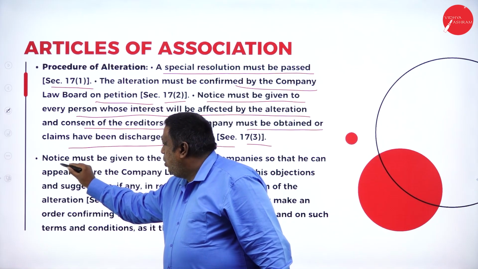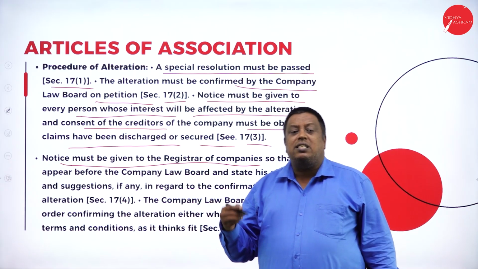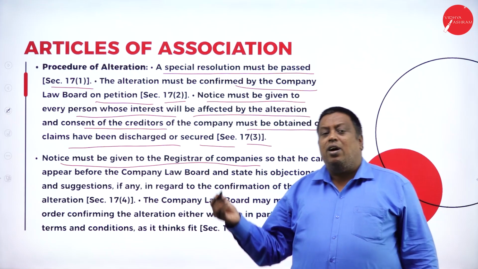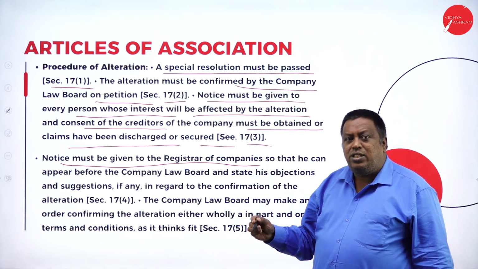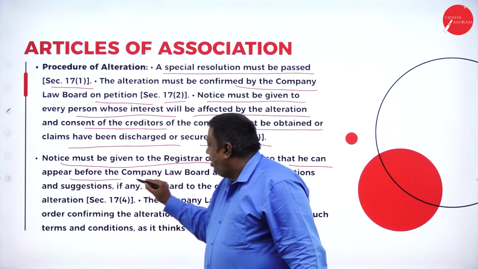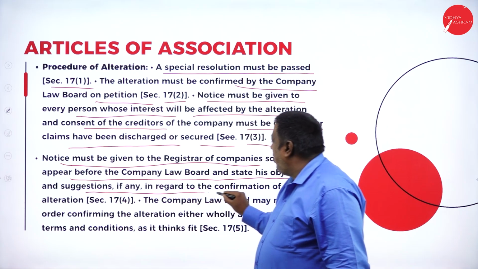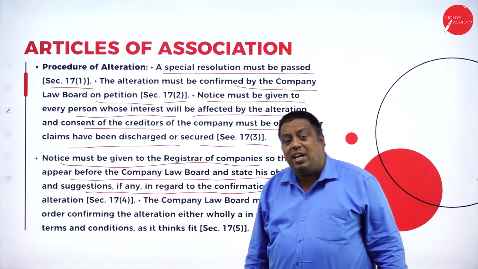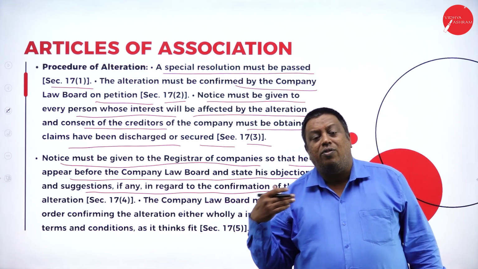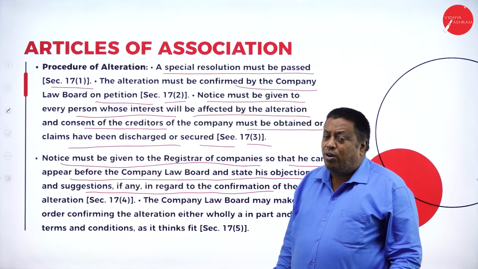The second one: notice must be given to the Registrar of Companies after making certain alterations of the AOA. The main copy of the alteration has to be given to the ROC, so that they may appear before the Company Law Board and state their objections and suggestions, if any, in regard to the confirmation. They're saying that why the alteration is required and what its purpose was, everything has to be conveyed to the ROC.